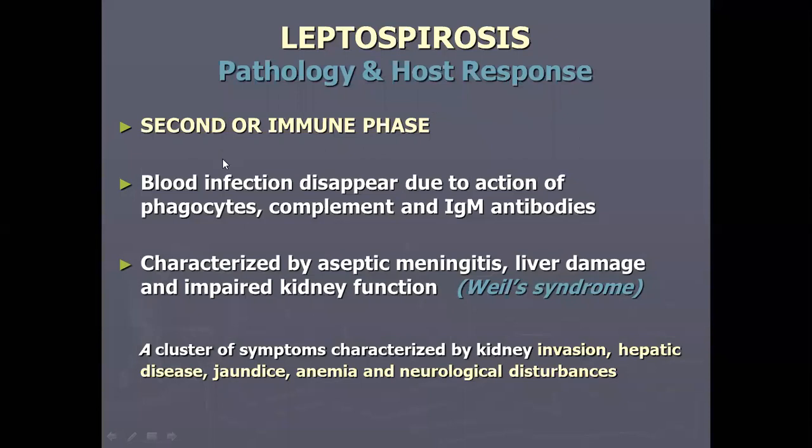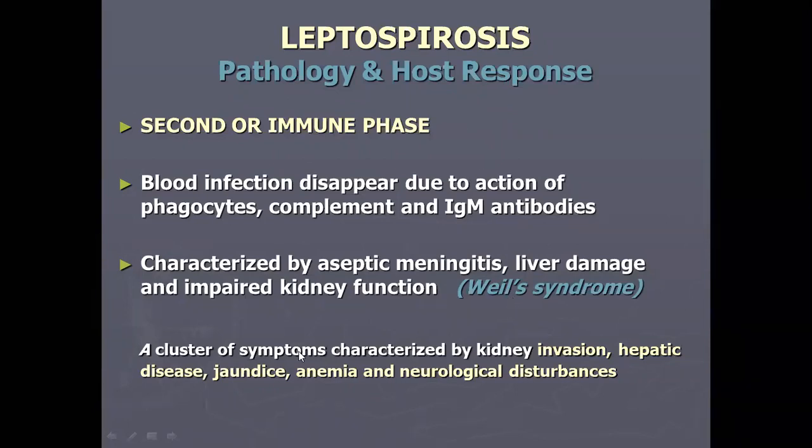Now, in the immune phase, the blood infection disappears, of course, due to the action of phagocytic cells, complement, and antibodies. And this is what we call aseptic meningitis, liver damage, and impaired kidney function. This is what we call Weil syndrome. These syndromes are because of the immune response of the body. Now, what happens in Weil syndrome?